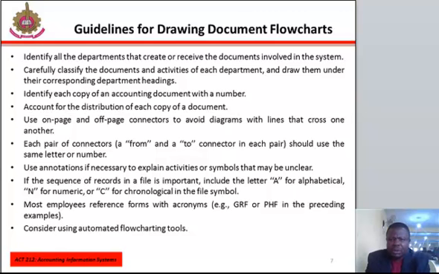5. Use on-page and off-page connectors to avoid diagrams with lines that cross one another. Each pair of connectors, like A and A, should use the same letter or number.